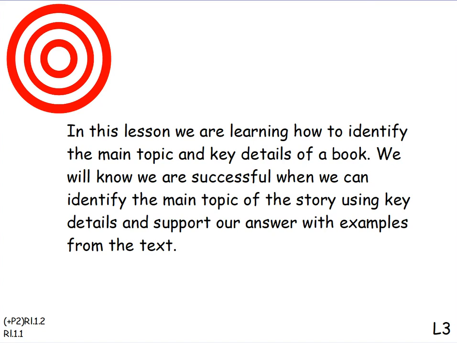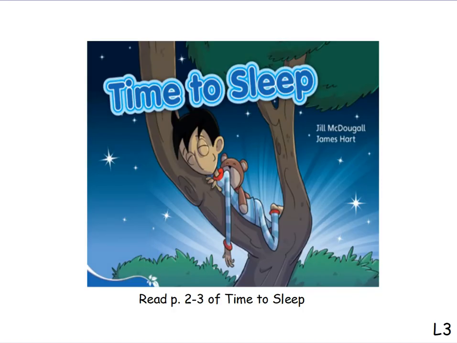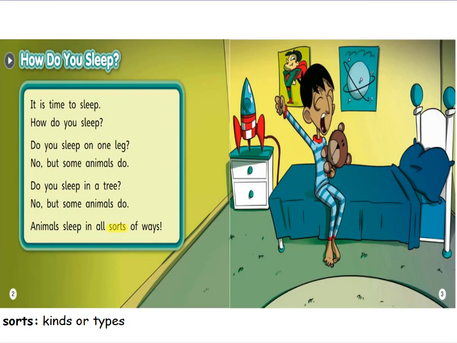We will know we are successful when we can identify the main topic of the story using key details and support our answer with examples from the text. We are going to be reading from the book Time to Sleep by Jill McDougall and James Hart, pages 2 through 3.